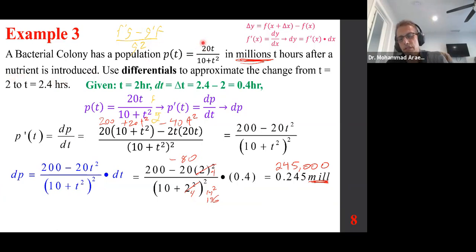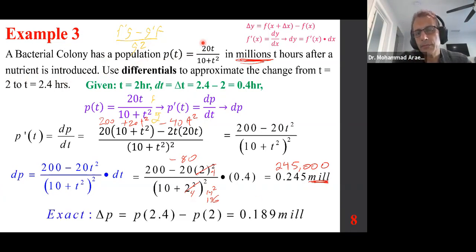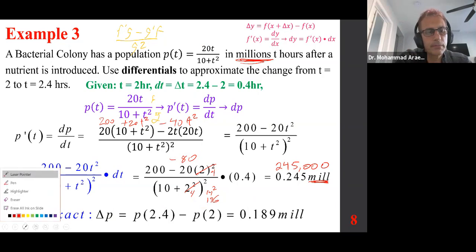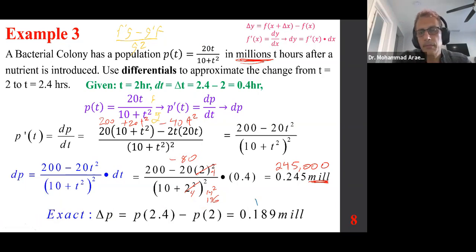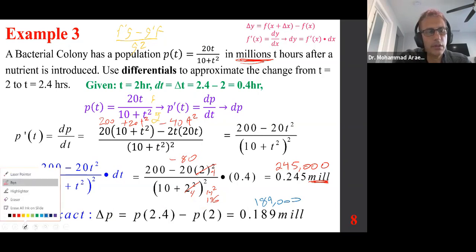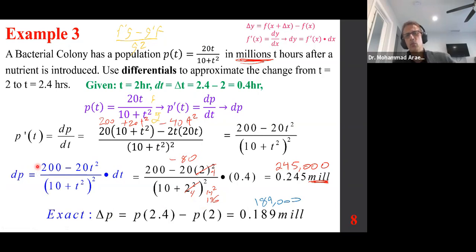Their difference is the exact. So take a look. That means 189,000. And why the difference?